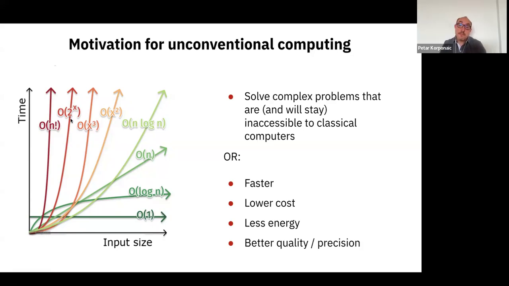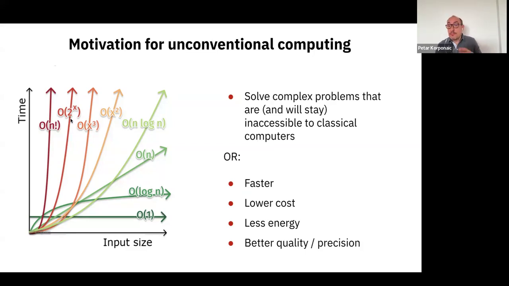And for that reason, there is research in different directions on how to make an unconventional computer, which is not a classical digital computer, but a computer that uses different technology to perform calculation, with the hope that we will reach and solve these hard computational problems.